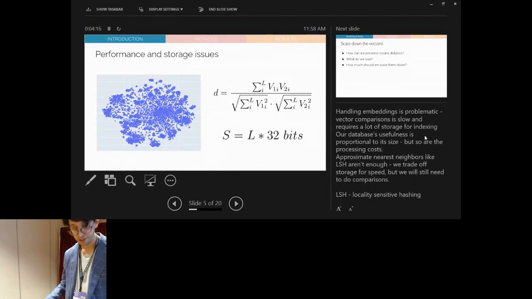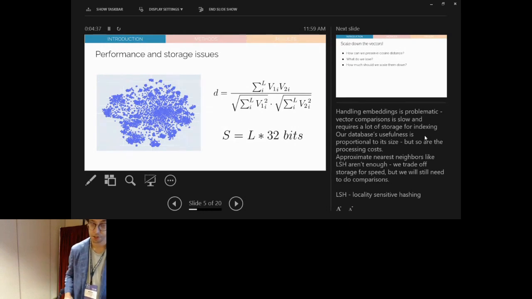And our database's usefulness is proportional to its size. And so are the processing costs. And I don't mean costs in terms of money, but also time. So the more vectors we have, the more comparisons we do, the slower is our querying.